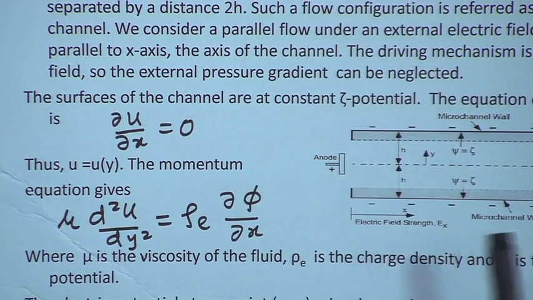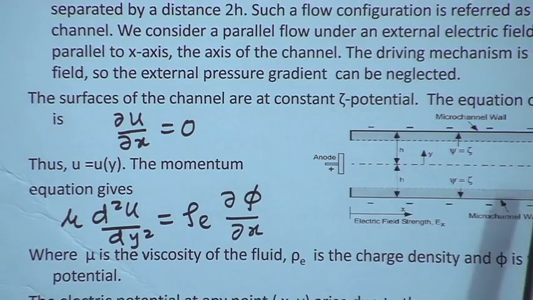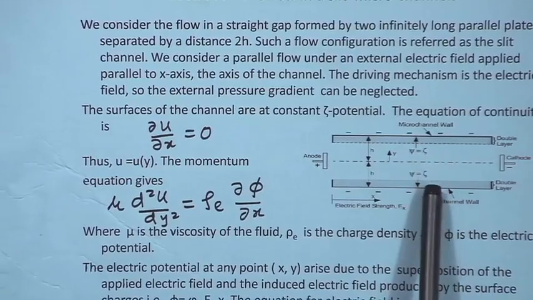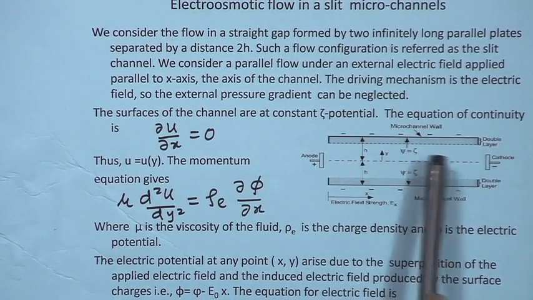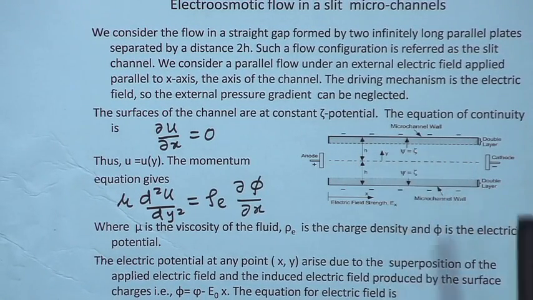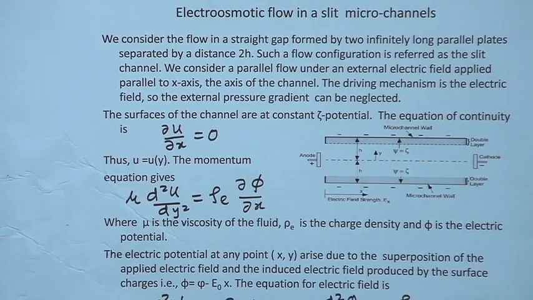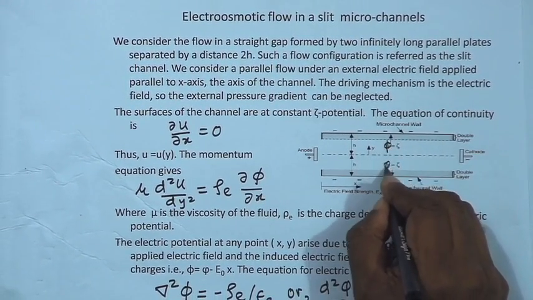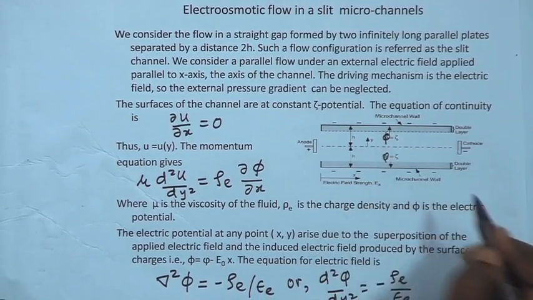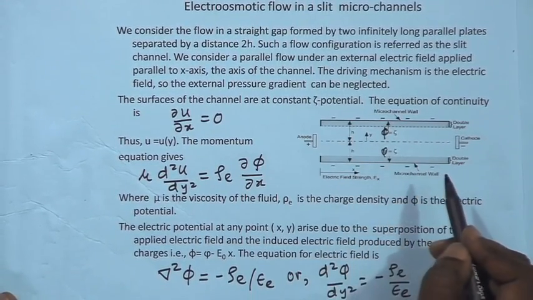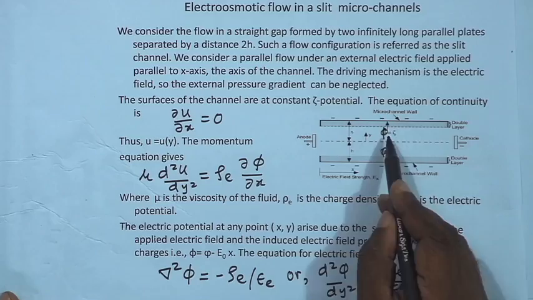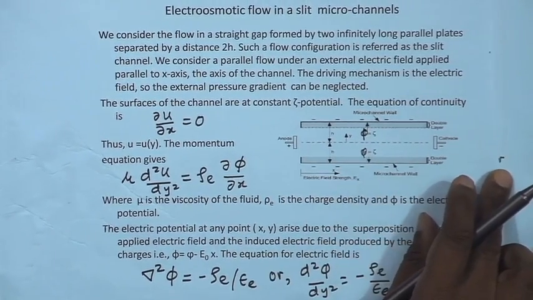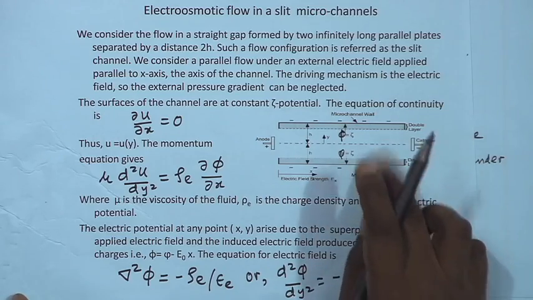So, that means you have two parallel plates of constant surface charge density or constant surface potential, phi equal to zeta, and this is phi equal to say some other value. Maybe both have the same charge or maybe different charge, and a dielectric medium is filling the interior.